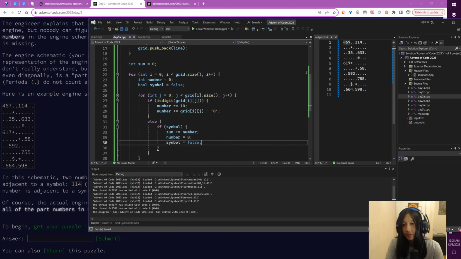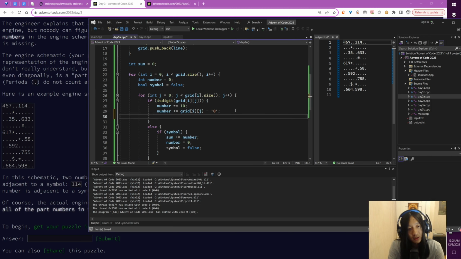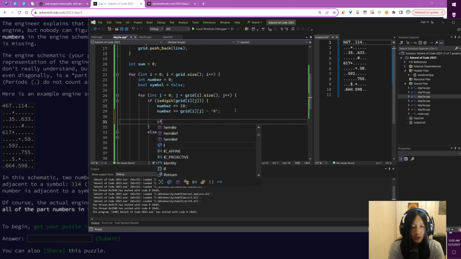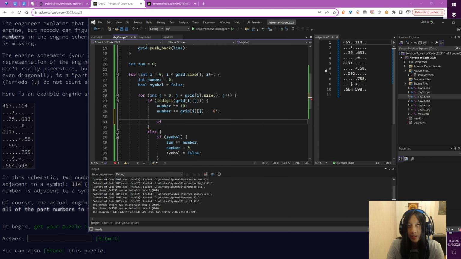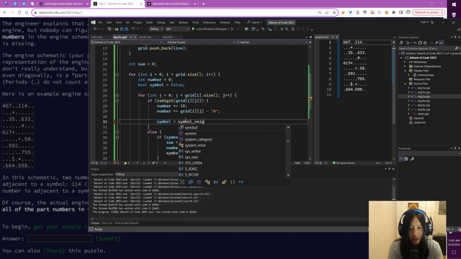Okay, now we just have to find out if we have a surrounding symbol, which means I have to check up, right, left, down, top right. Oh, I'm going to push that into a separate function. Symbol neighbor.